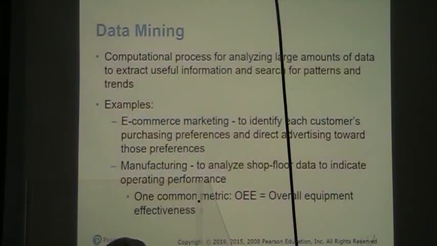We have examples here. E-commerce marketing: identify each customer's purchasing preferences and direct advertising towards those preferences. Right? So this happens to you all the time. When I was thinking about buying a new car, I did a little research on the computer.